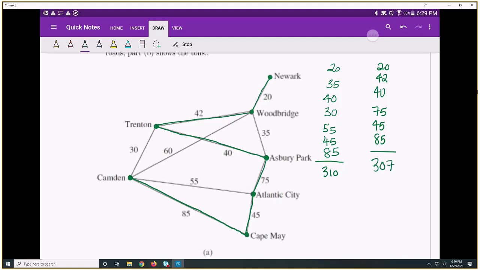So this is actually a quicker path to travel to all of the cities and get from Newark to Camden, but I couldn't find it using the closest neighbor algorithm.